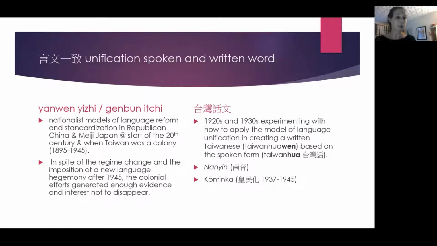We return to the beginning of the 20th century and say a few more words on models of language development regarding the Chinese language, but at the same time also in Meiji Japan, where we see the transition from a literary non-spoken language, classical Chinese, to the spoken vernacular. And one of the keywords, the concept there is the Yenwen Ichi, or in Japanese, the Genbun Ichi, and the unification of the spoken and the written word.